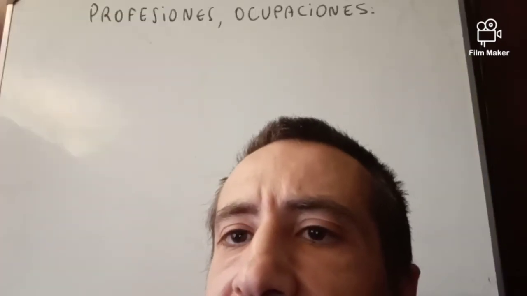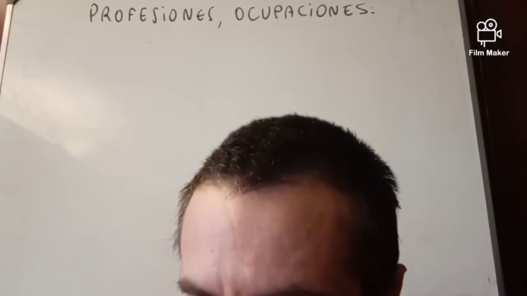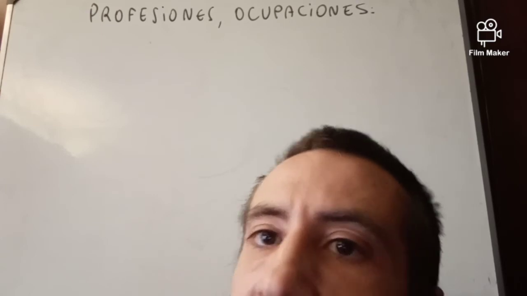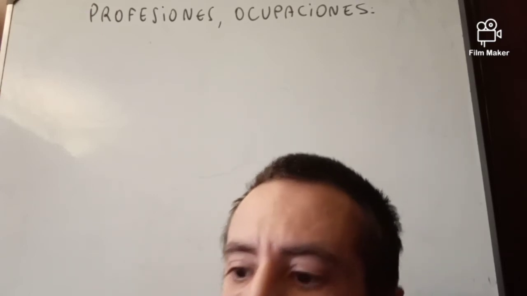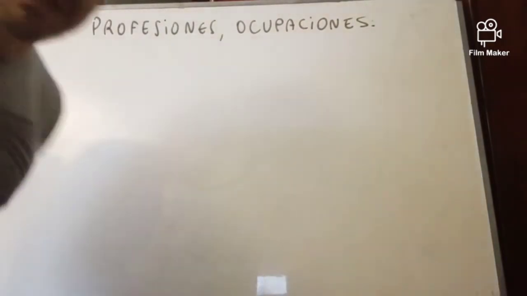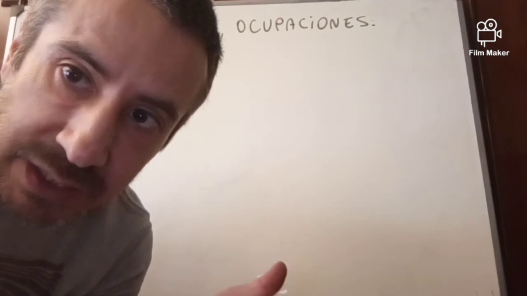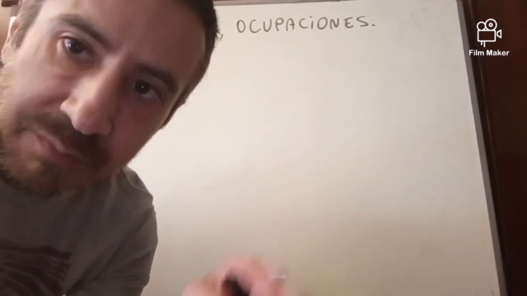And to end this video, we'll see some examples of the names of some professions and occupations. Let's see some of them. Some of them will change the ending according to gender. Others will remain the same for both men and women.